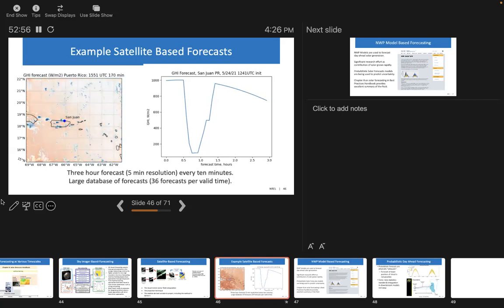Oh, I forgot to put the color scale on, sorry. But this is what we had in San Juan, in the city. Okay, the blue is the center of the cloud, and the white is the edge. So they're merging, kind of.